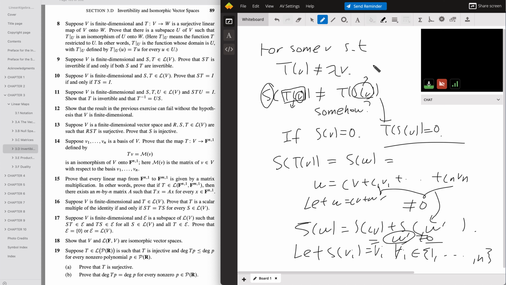So S can squash some bits down to 0, map some V to 0.